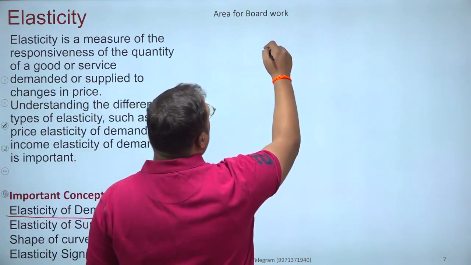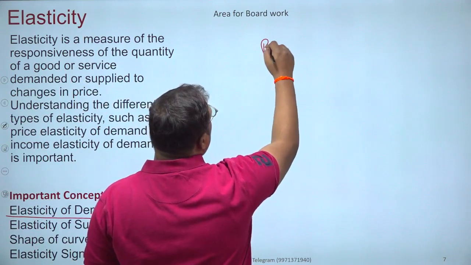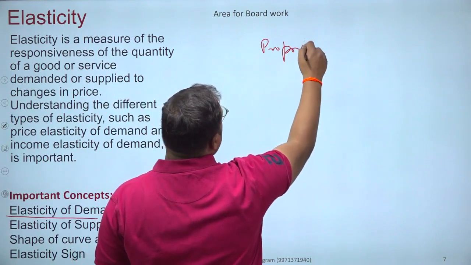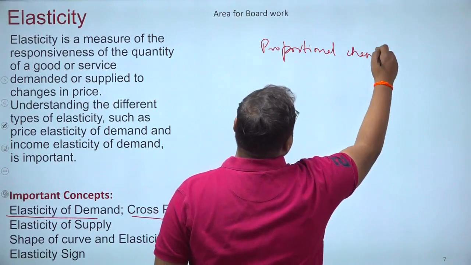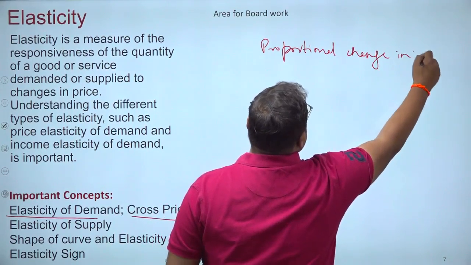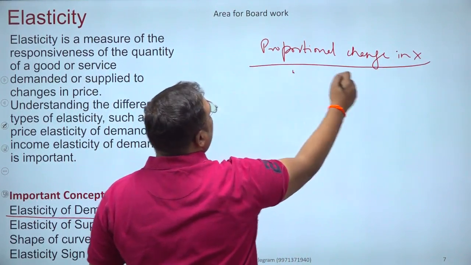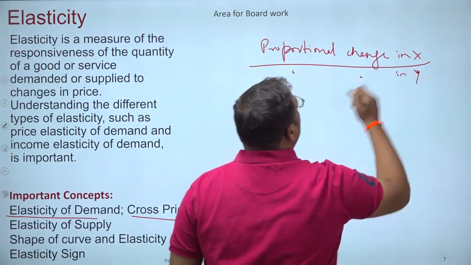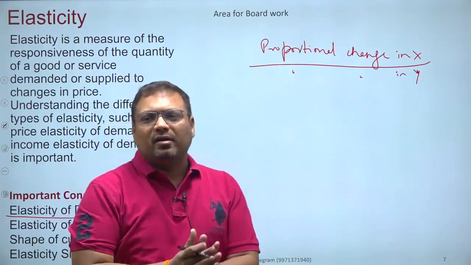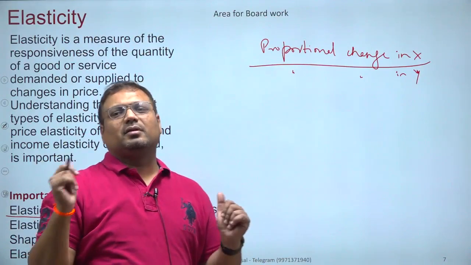So what are we talking about? Any elasticity is basically proportional change in X divided by proportional change in Y. X and Y can be any related factors.